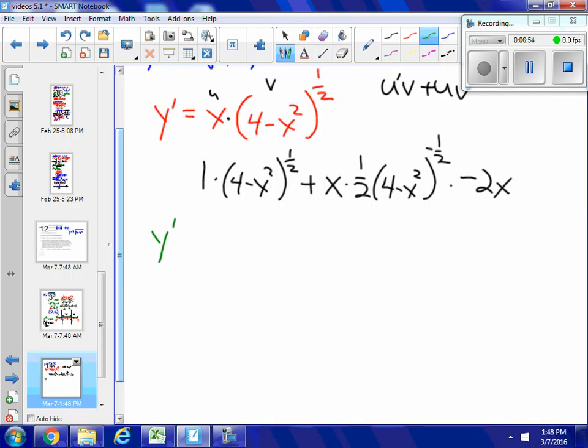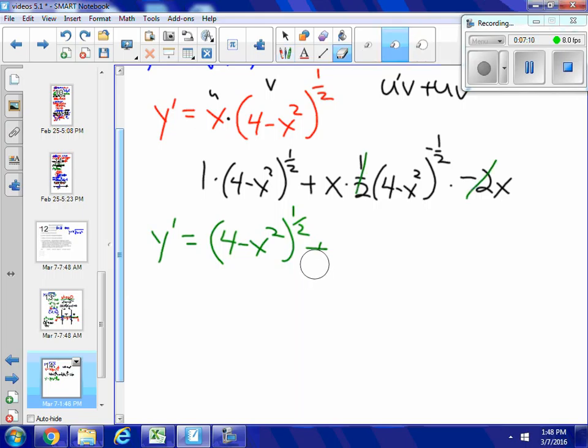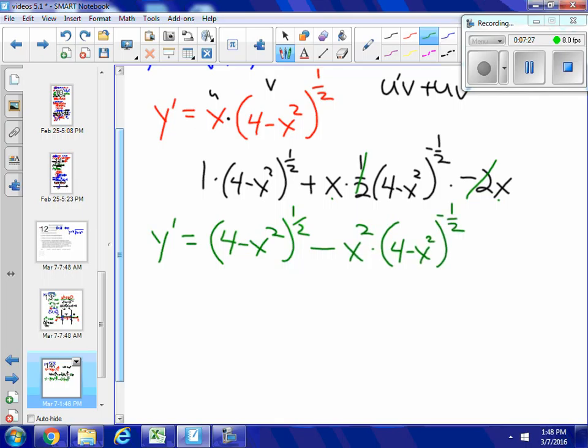Y prime is equal to (4 minus x squared) to the 1/2 plus, well, I have this 1/2 and this -2. So the 1/2 and the 2 are going to go away, but it's going to make this a minus sign. And I have x times x, so that's going to be x squared. So it's x squared times (4 minus x squared) to the -1/2.